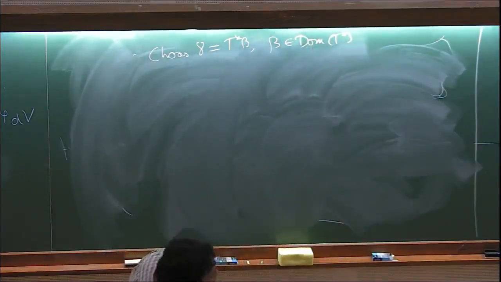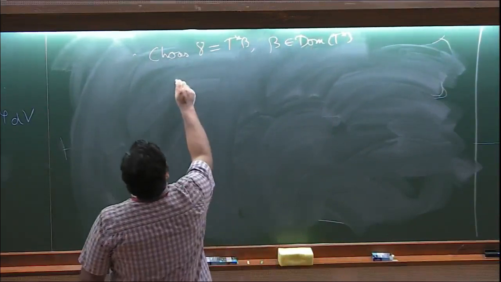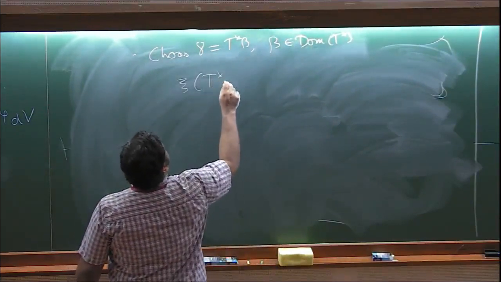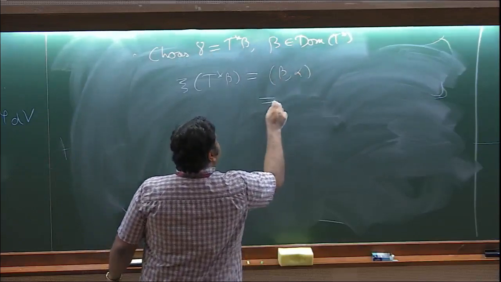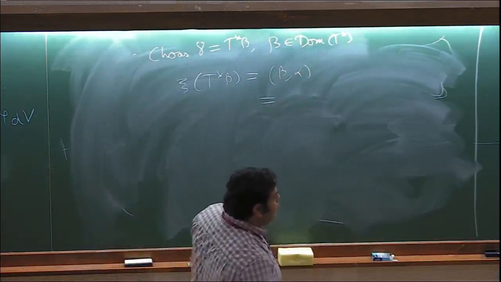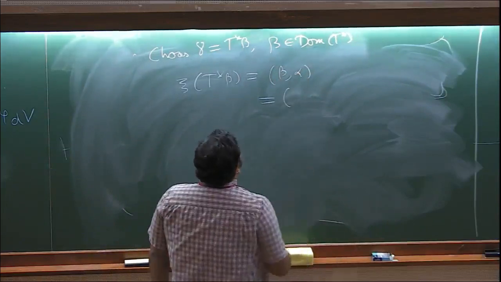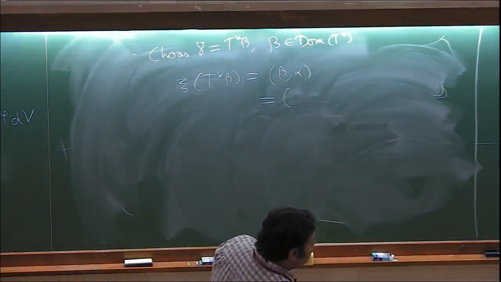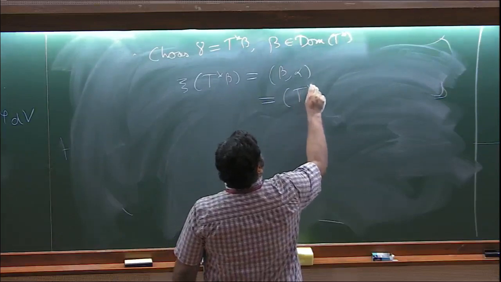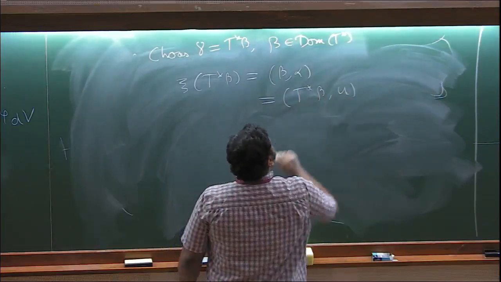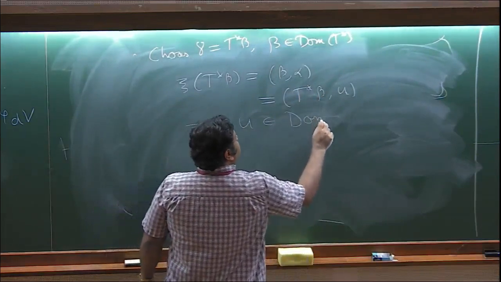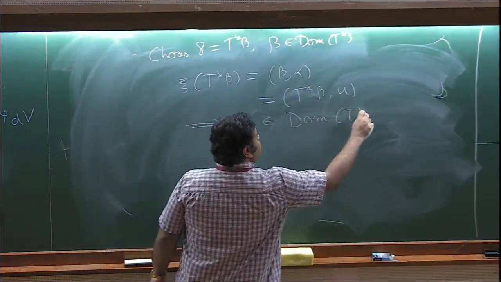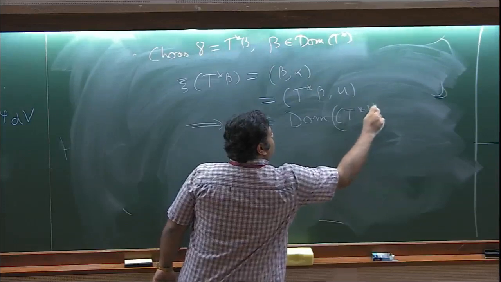So if I can read it correctly from here, I see that xi of T star beta, which is by definition (beta, alpha), is by what we saw there the same as (T star beta, u), which shows that u is in the domain of T star star.